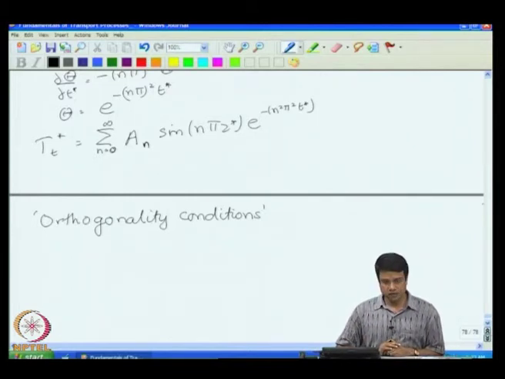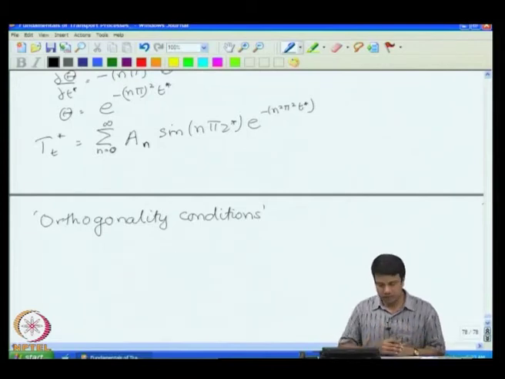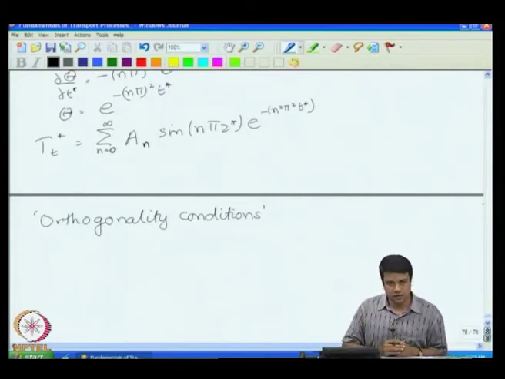And these conditions are defined on the domain between 0 and 1. Z star is equal to 0 to Z star is equal to 1 was the domain of interest, and these orthogonality conditions are defined on that domain. These are easy to do by simple integration.